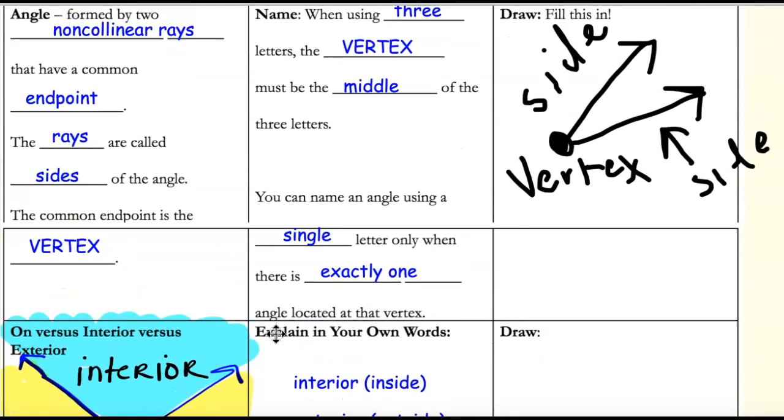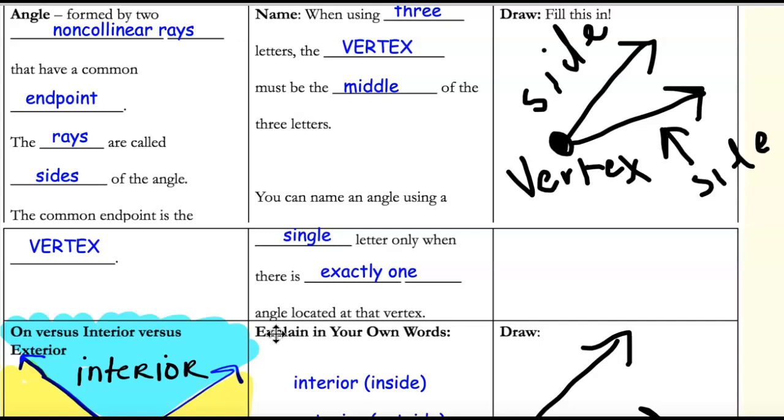So the other thing we need to talk about is how we refer to an angle. It's very specific when we talk about an angle and being able to name it correctly. So let's go ahead and draw something here. Let's say we have this angle and this point down here.